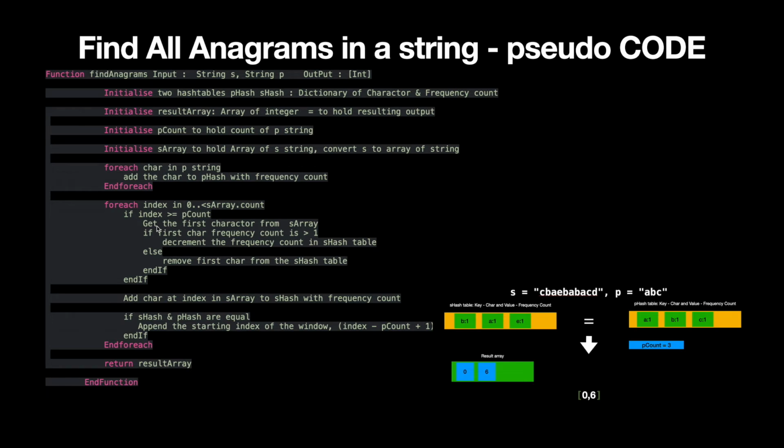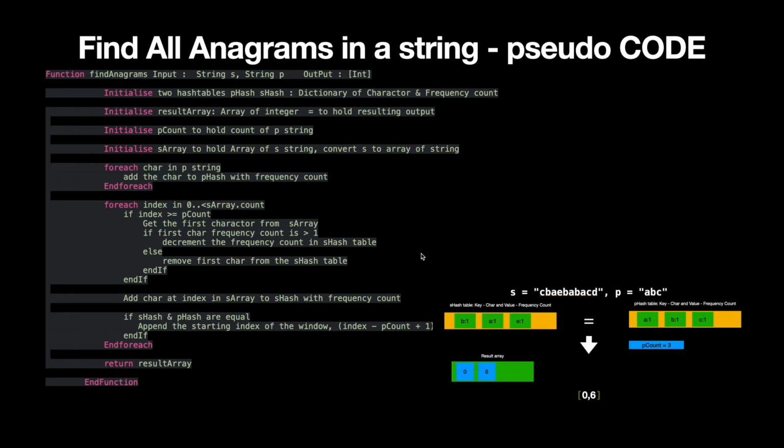So for removing the character, we'll get the first character from our S array, and we'll check its frequency count. If its frequency count is greater than 1, then we'll just decrement the frequency count. And if its frequency count is exactly 1, then we'll remove that character from the S table.